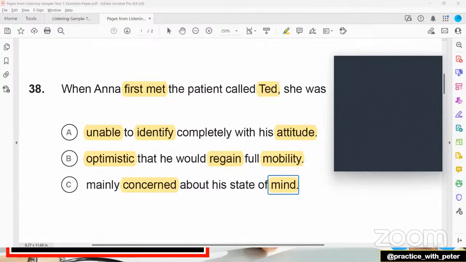Optimistic. The opposite is pessimistic. Optimistic means positive, that something good is going to happen. That means confident.